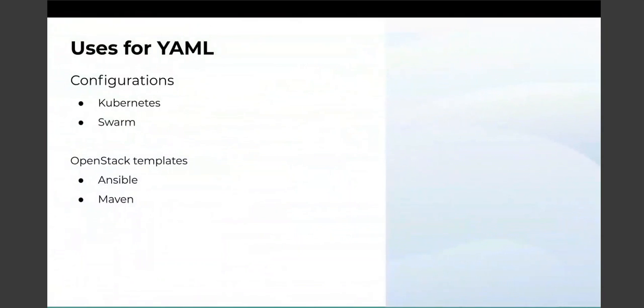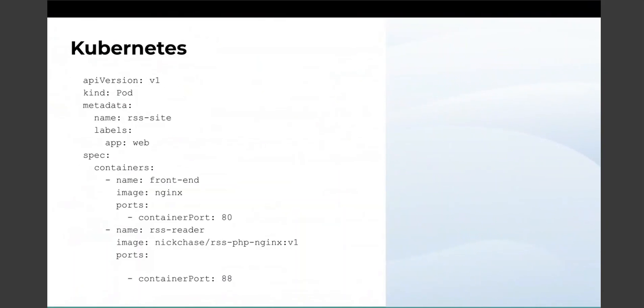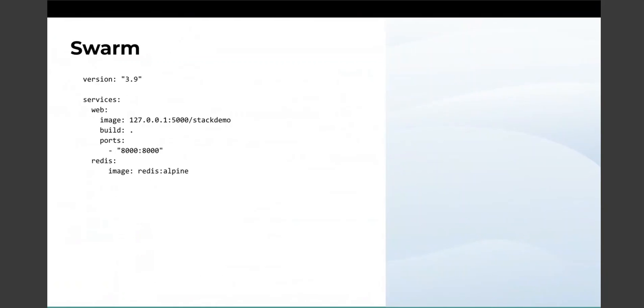As I said before, configurations, templates, and so on. So for example, in Kubernetes, we use YAML for defining things like pods. So a pod is a unit of workload that Kubernetes orchestrates, okay?